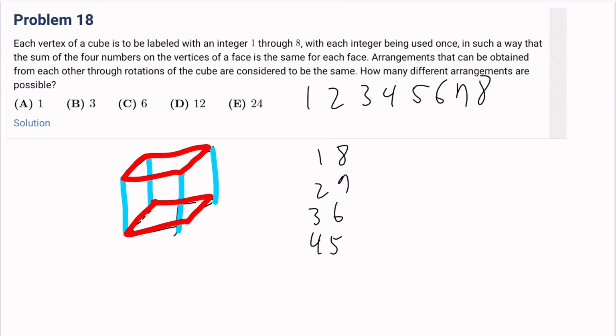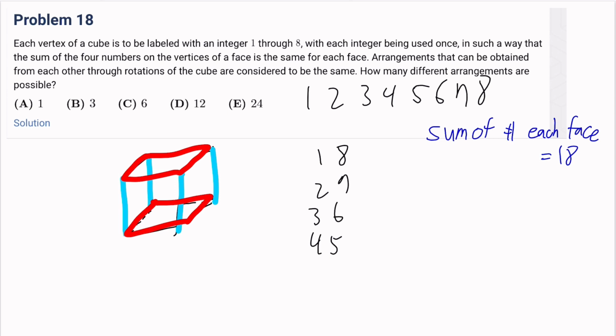And so what we have to do now is figure out what arrangements we can make for these red faces, right? Because we know the sum of the numbers on each face, and these sum to 9, so that is 18, face, and that is 18, right?